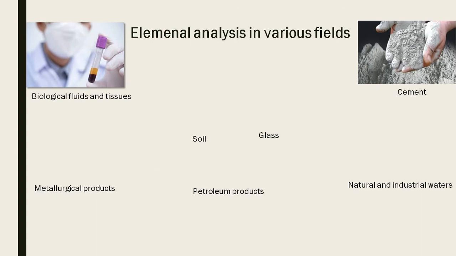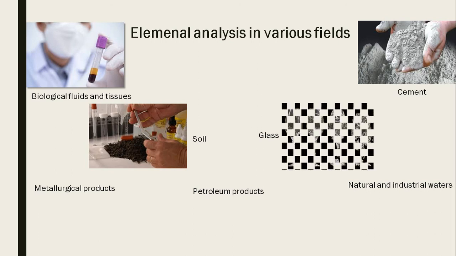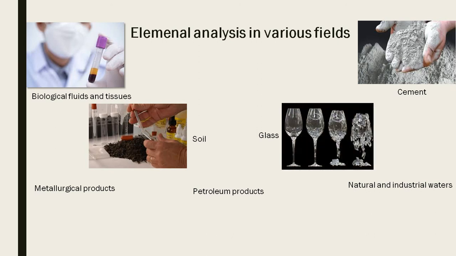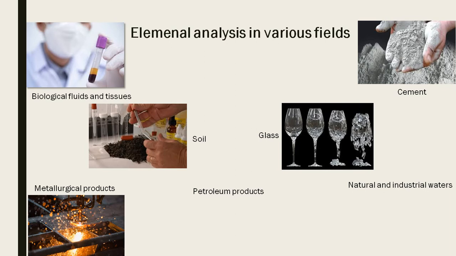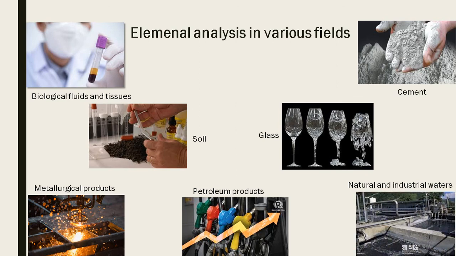Then in cement, in soil, that is analysis of soil, which minerals or elements are present. Then in glass, in metallurgical products, that is products of metal origin, petroleum products, then natural and industrial waste waters. So their composition can be known. Okay, so these were the various applications.